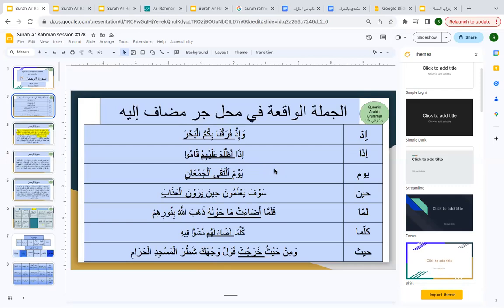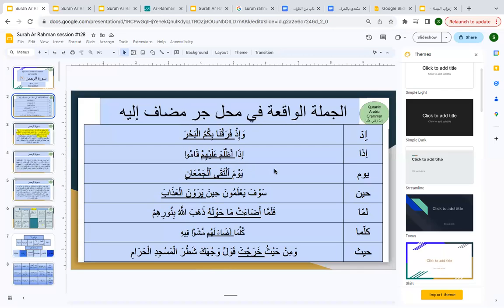I want all of us as learners of Quran to understand and memorize these 7 isms. When we went over in our previous session the special, complicated idafa, or complex idafa, I asked all the students to memorize these words, because from the last session onwards, whenever you are going to see these isms and you are going to see a jumla fi'liya after them, you are not going to be confused.